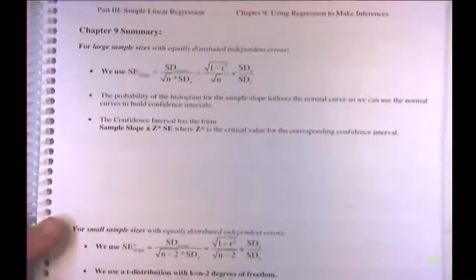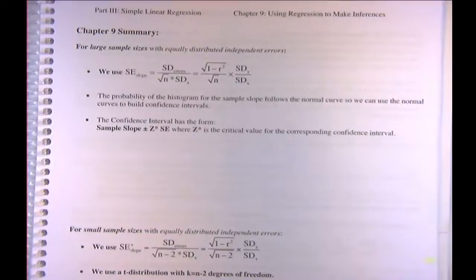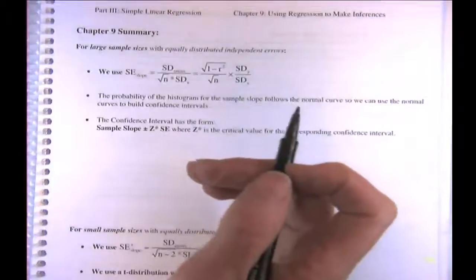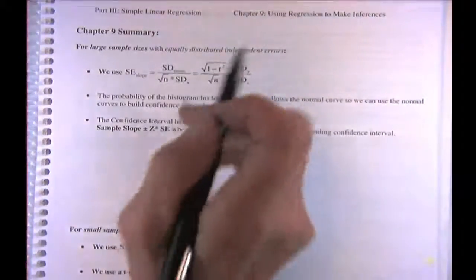Let's just look at this summary here, because I don't think it's clear. So let's just remember our assumptions. We had those 4 assumptions. Now, linearity is basically assumption number 1, but it's included in independent errors.